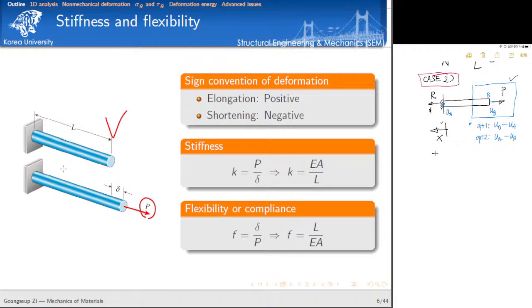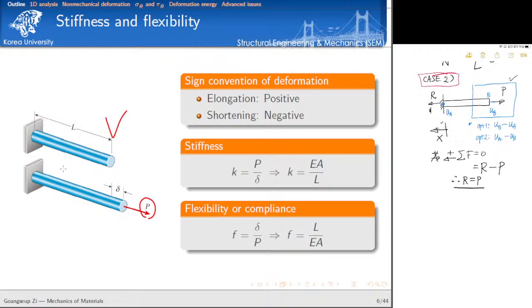Alright, so let's check the force equilibrium for the whole system. Now I'm using this coordinate system, right? The sum of force should be equal to 0. Then according to this, the direction of reaction is positive, but the external force P is in the negative direction. That's why in this calculation the reaction is equal to P if I choose this coordinate system.